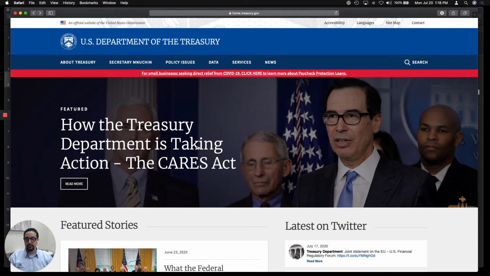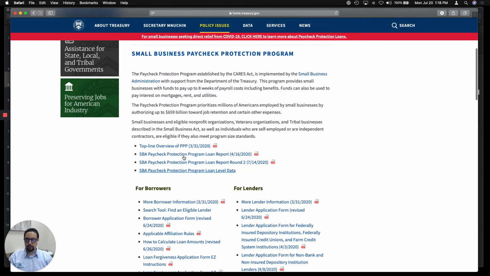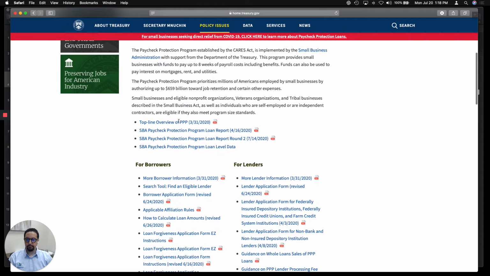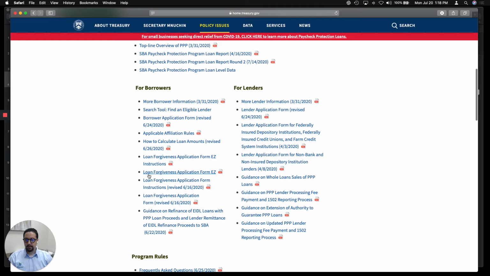Now, you can get the 3508EZ form through the US Treasury website. This is the U.S. Department of Treasury website. This is the homepage. You click on this red banner. You scroll down. See, Paycheck Protection Program. For borrowers, you click here where it says Loan Forgiveness Application Form EZ. This is the form you want to fill out.